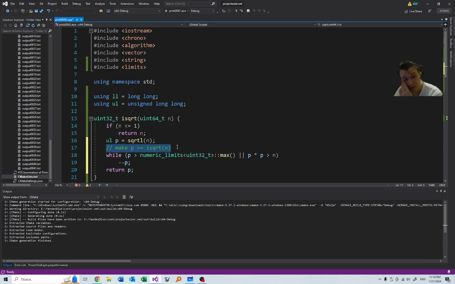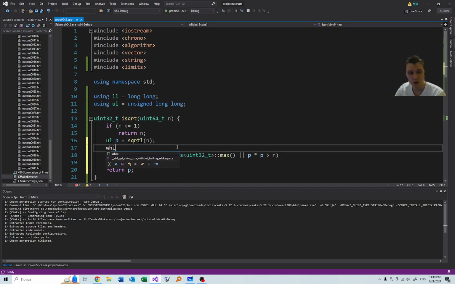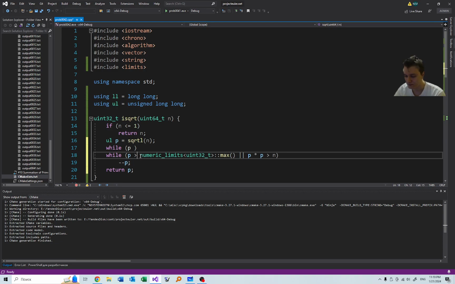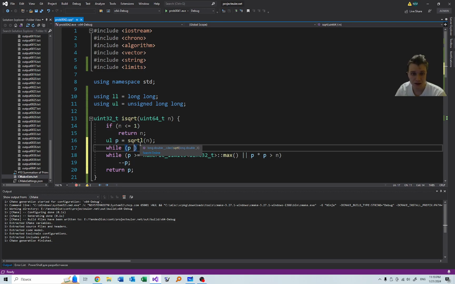To do that, let's actually move it up. So let's say while p is less than this number, actually I can write it like this.